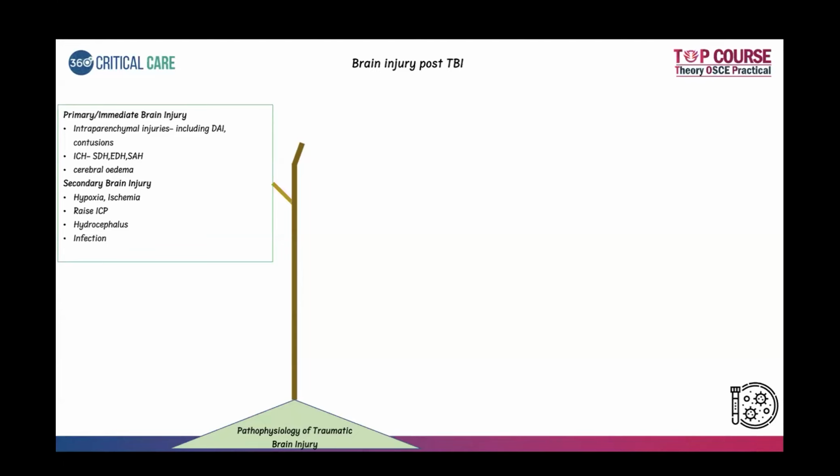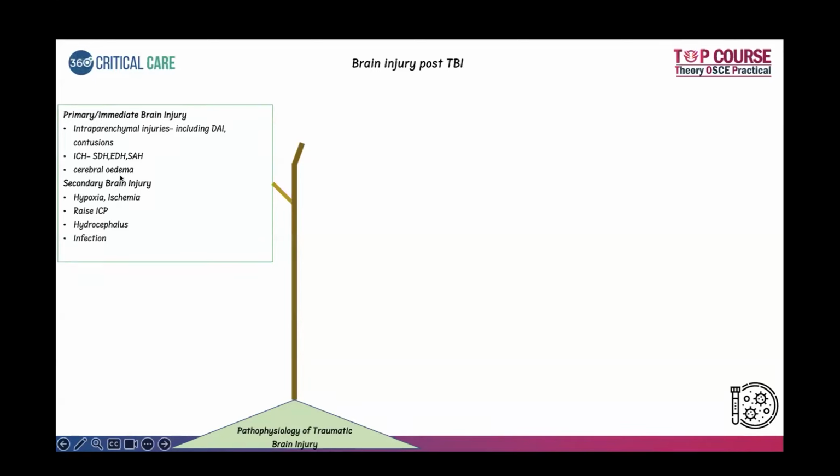Also, pathologies such as hypoxia, ischemia, or an infection can cause secondary brain injury because of either a hypoperfusion state, hypoxia state, or inflammatory state to the brain. So you need to have a clear idea about what you mean by primary brain injury and what you mean by secondary brain injury.